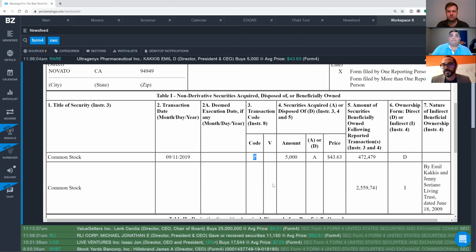So this Emil here for Ultragenics, of his own volition, went out into the open market and purchased 5,000 shares at $43.63. Now let me give you a quick example of what else you might see here. Another code you might see is M. That means the executive had a compensation package tied to options.